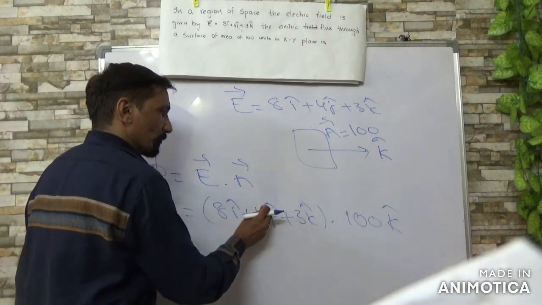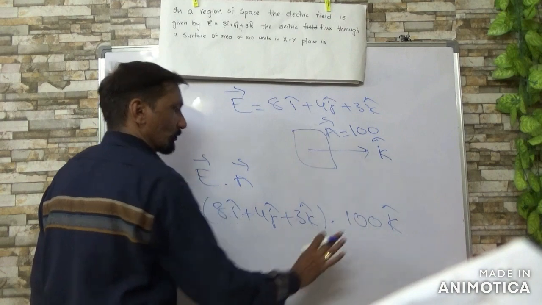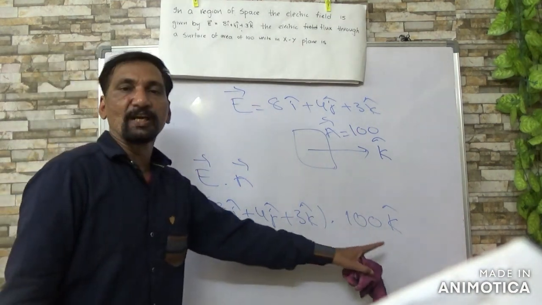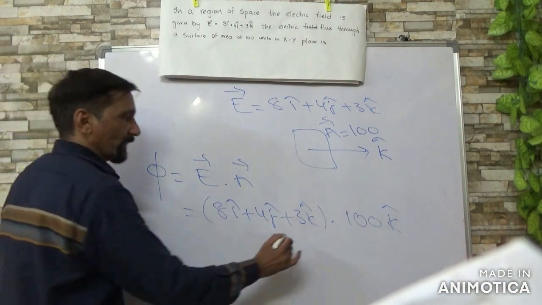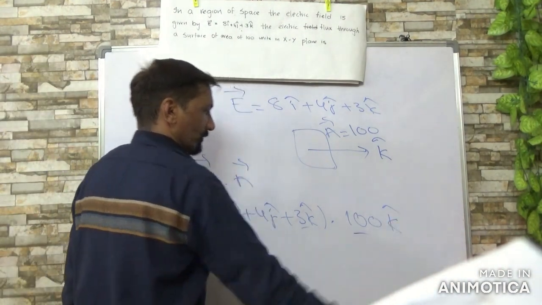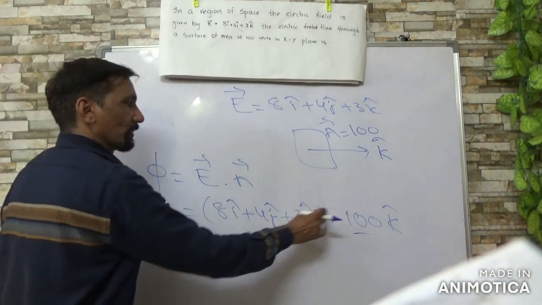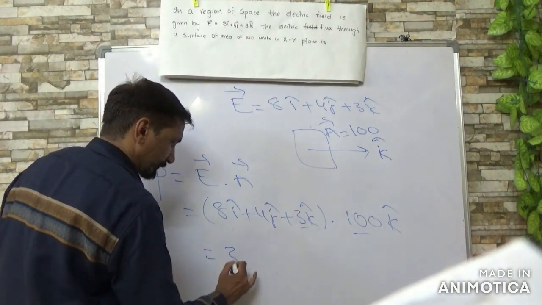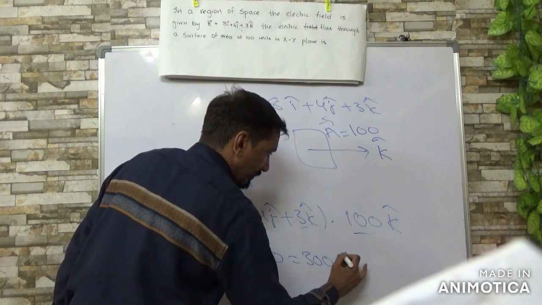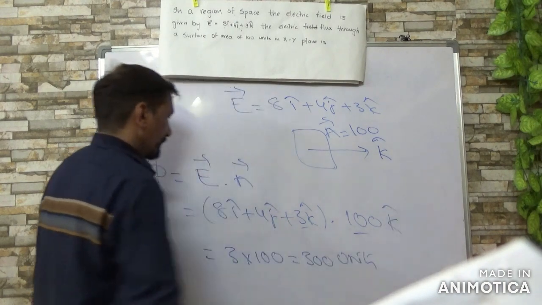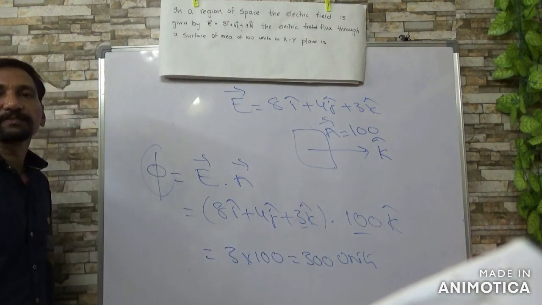A1 A2, B1 B2, C1 C2. Here there are no I, J terms in the area, so that is why the products are taken as 0. So only A3 B3, that is 300. So 300 units is the flux.